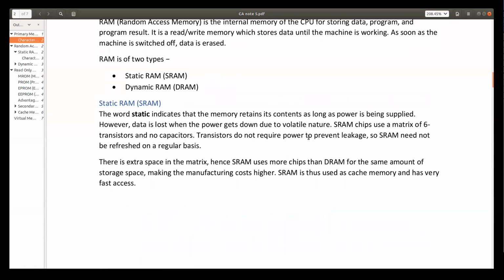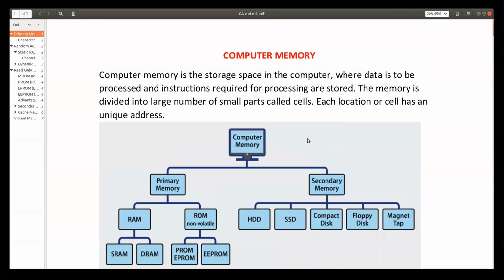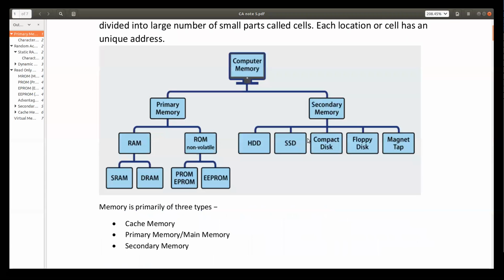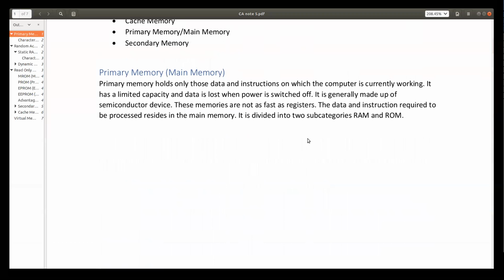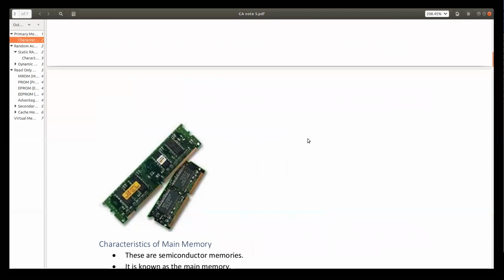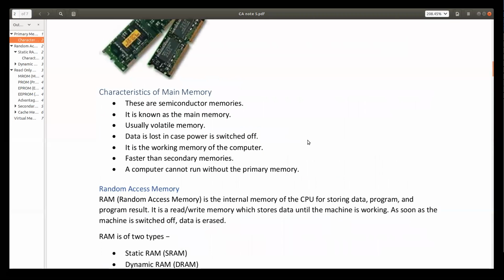Up to this, we have covered several things actually. We have covered different types of computer memory, and what is primary memory. We have covered what is RAM, and the types of RAM, that is SRAM and DRAM. We found that DRAM is faster, less expensive and consumes less power than SRAM.